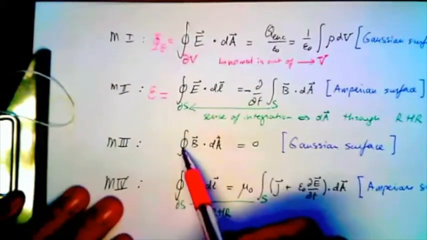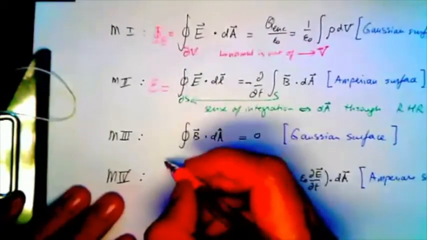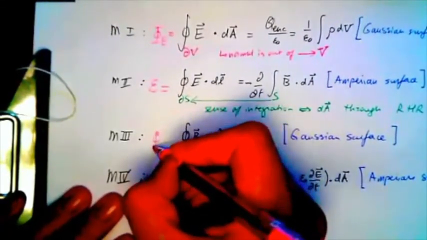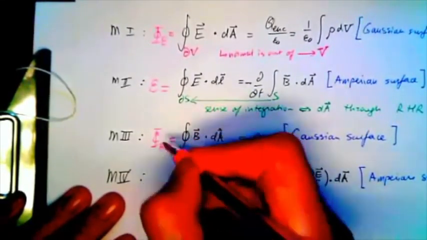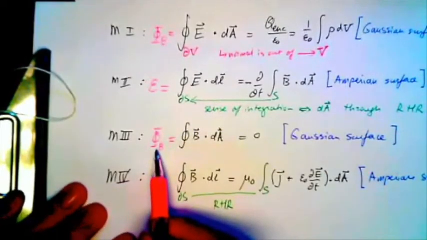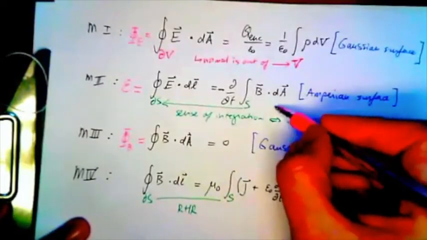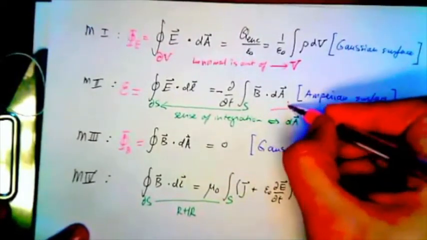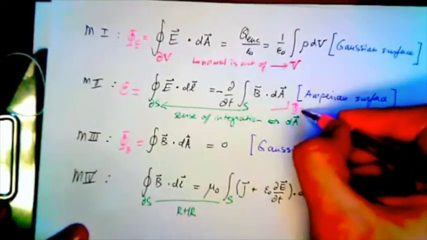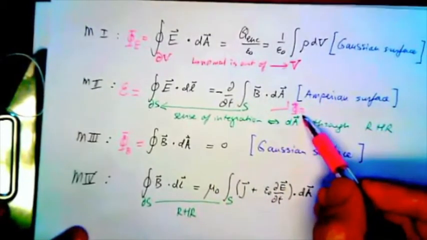There's a magnetic flux here, but that's the flux through a Gaussian surface. And then there's a magnetic flux here. That's the flux through an Amperian surface.